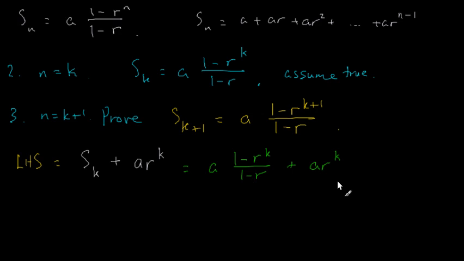So maybe I can somehow rearrange this so that it looks like this. So how can I do it? Well, one thing that might help is to always look at the thing that we want to prove, and see how we can rearrange this to make it look more like this.